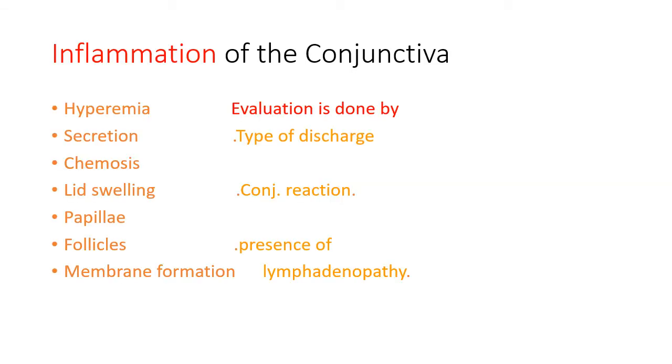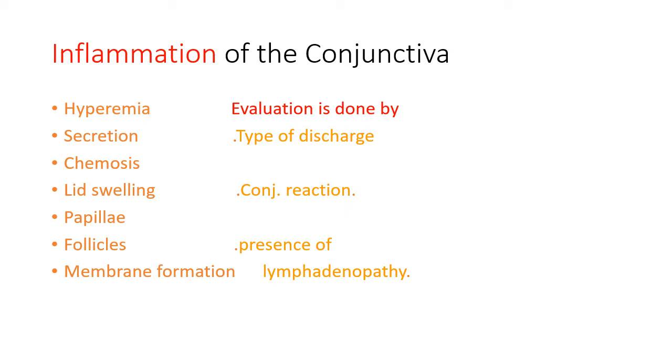is classically defined as conjunctival hyperemia associated with a discharge which may be watery, mucoid, mucopurulent or purulent. So the conjunctiva gives a reaction or response to the insult. The insult can be because of bacteria, virus or fungus.